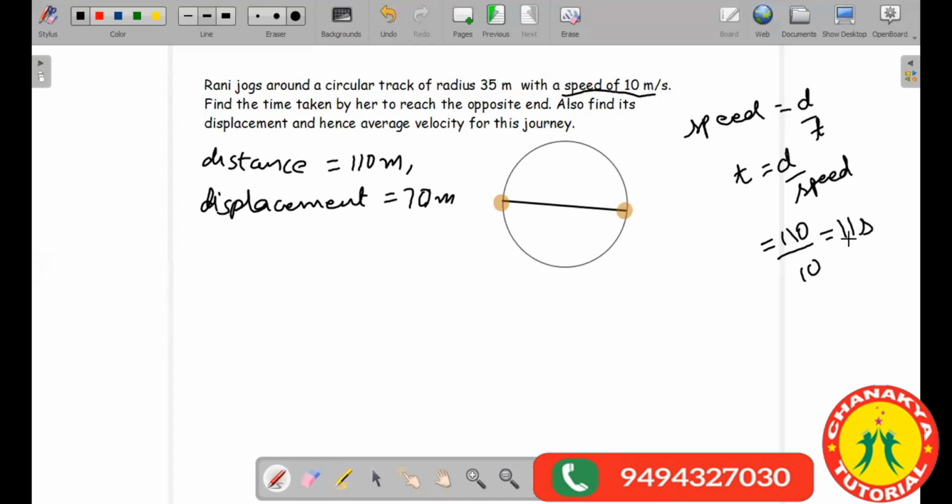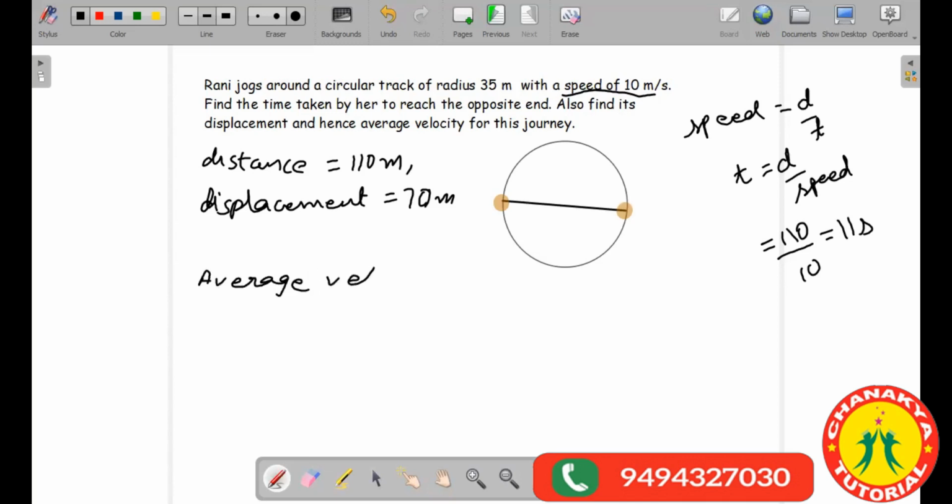There is no east-west here; we have not talked about east-west anywhere in this question. Average velocity is given by total displacement by total time.